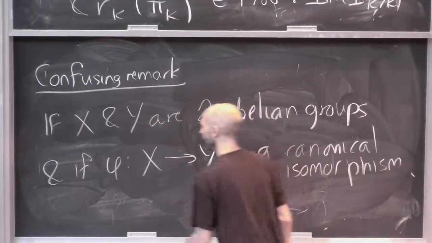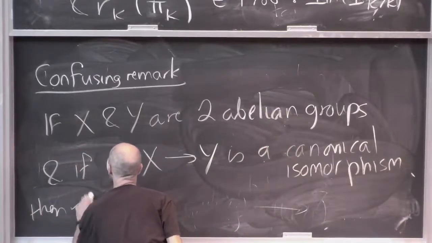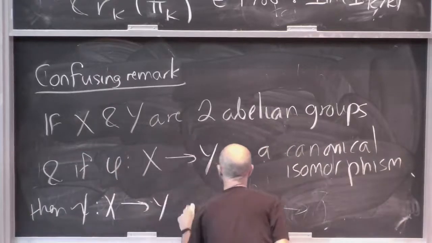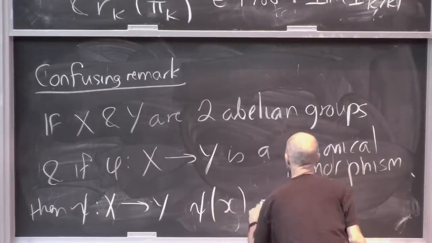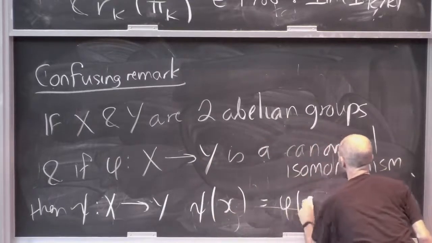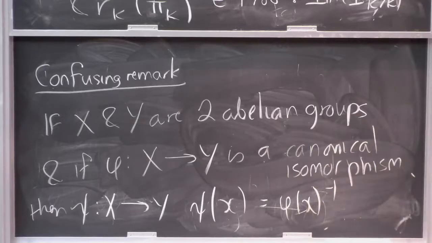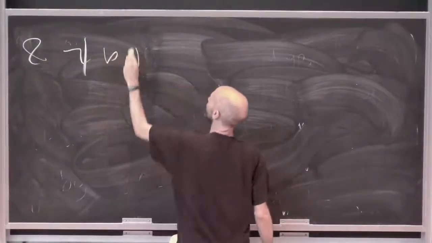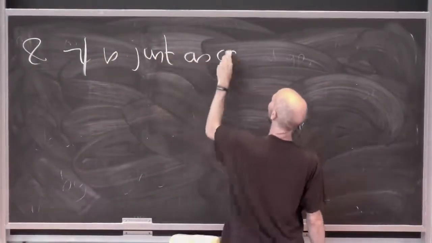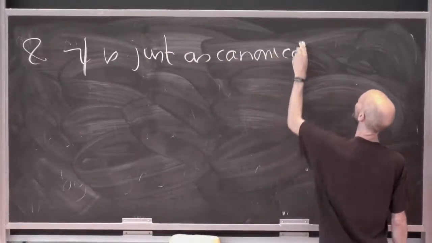Then ψ from X to Y defined by ψ(x) = φ(x)^{-1}. That's also an isomorphism. And in some sense, it's just as canonical as φ.